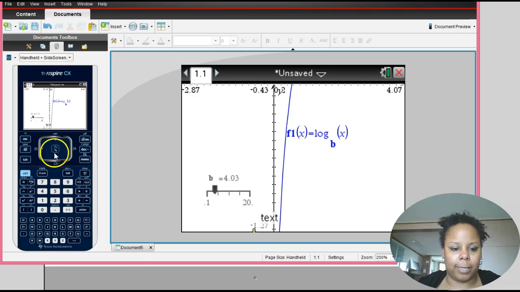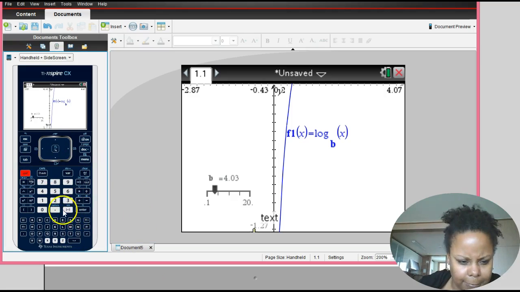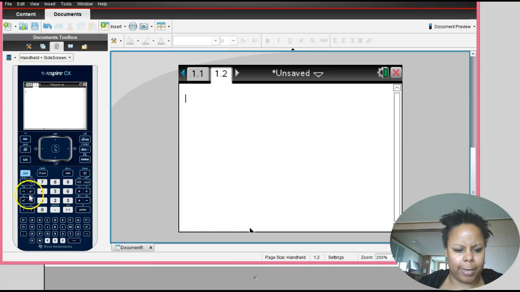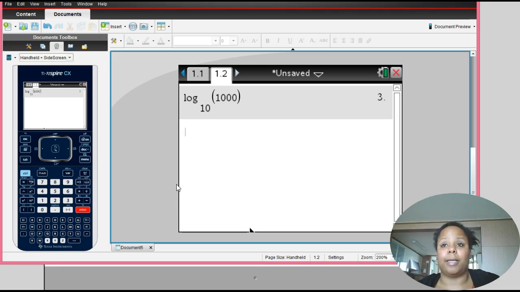And that occurs when, let's add another page so you can see that. So if I were to go ahead and just type log of 1,000, I'm going to get 3, okay? So let's compare 1,000 to 1. Oh, you guys already know what that is.